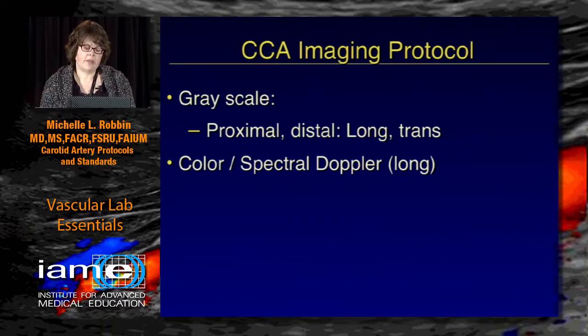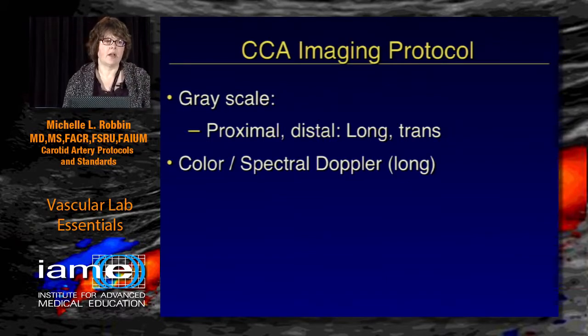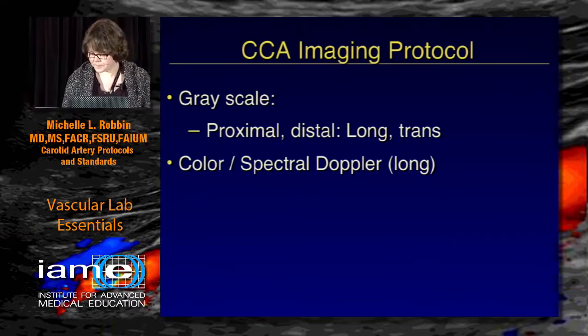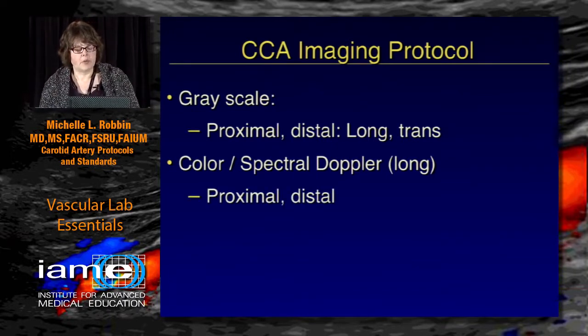And by the way, this reminds me, there is a protocol, SRU, AIUM, and ACR have gotten together on carotid artery protocols, and they are on the websites of those respective societies.